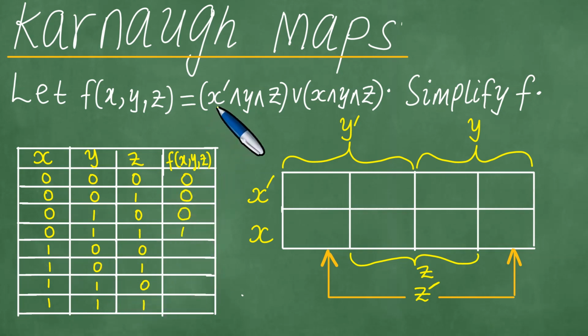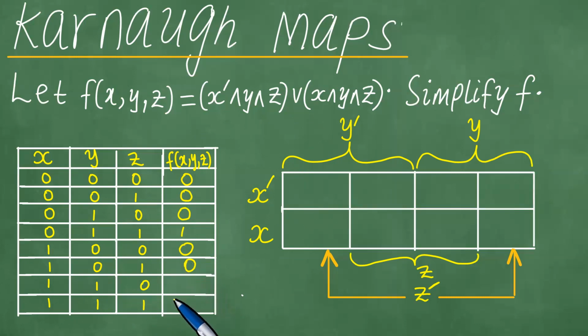Next, if you have not a 1, that's a 0 and a 0 and a 0, which becomes a 0. Or if you have a 1 and a 0 and a 0, that becomes a 0. Next, not a 1 is a 0, and a 0 and a 1, which is a 0. Or a 1 and a 0 and a 1 becomes a 0.